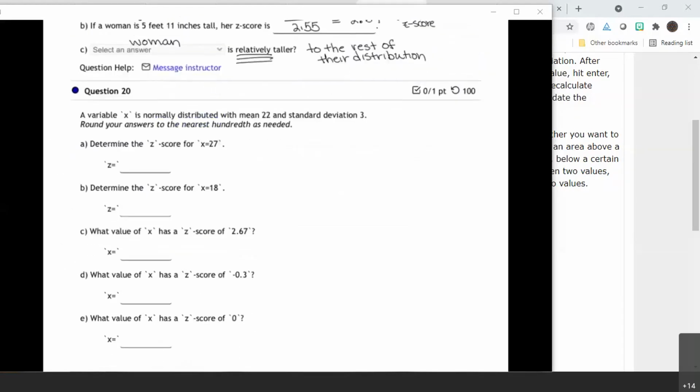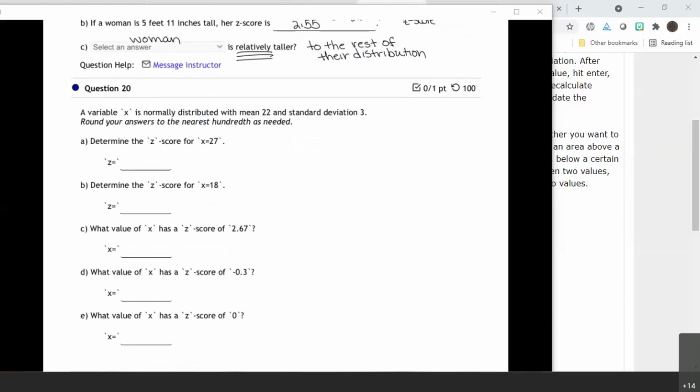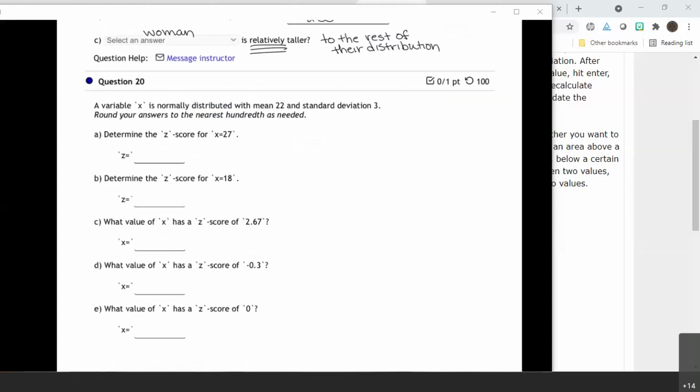For the rest of these, we have a variable with a mean of 22 and a standard deviation of 3. Here's the z-score calculation: X minus the mean over sigma. Determine the z-score for 27. So put in 27 minus 22 over 3.